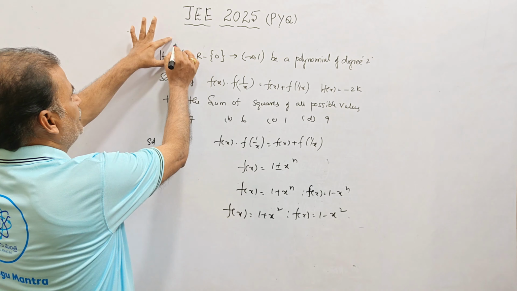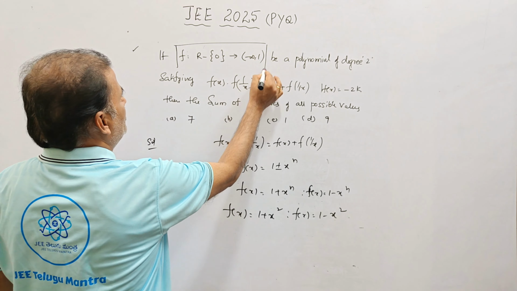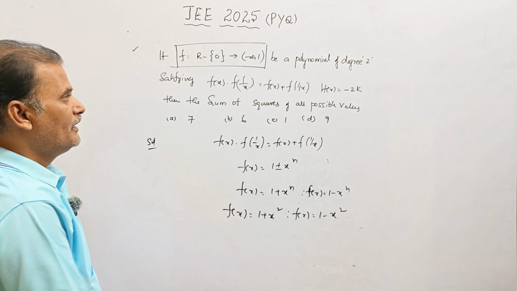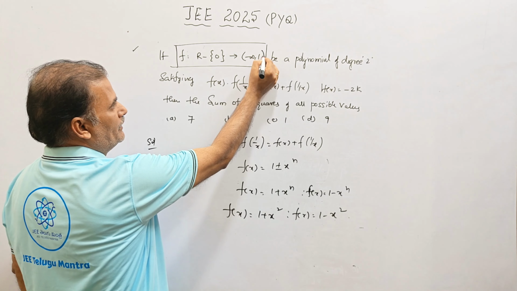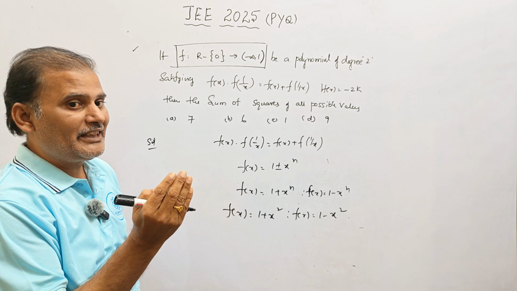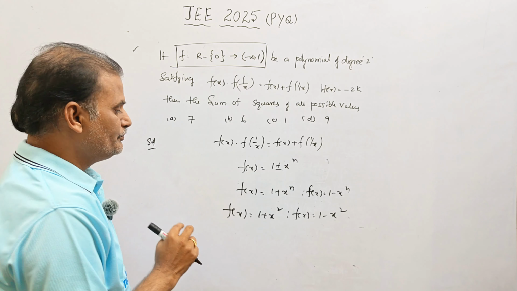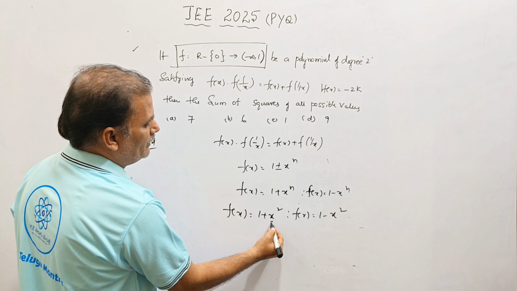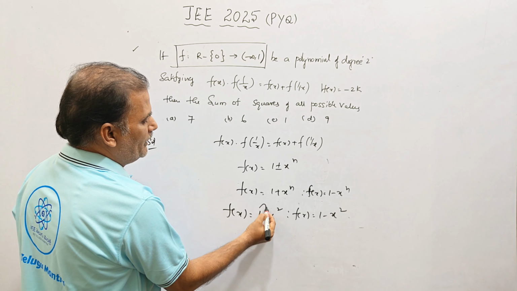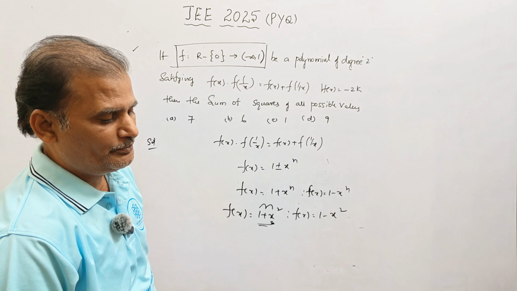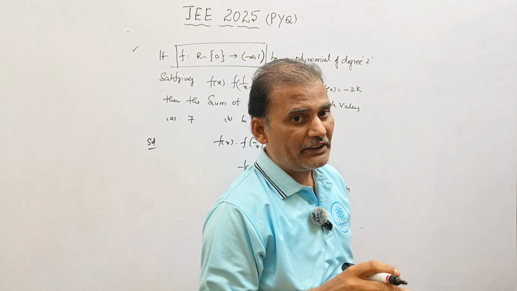See here, when you observe f: R → (−∞, 1), here 1 is an open bracket, which means 1 is not included. You have to take values less than 1. If we observe these two polynomials, x² is always positive, so 1 + x² means the value is always greater than 1.